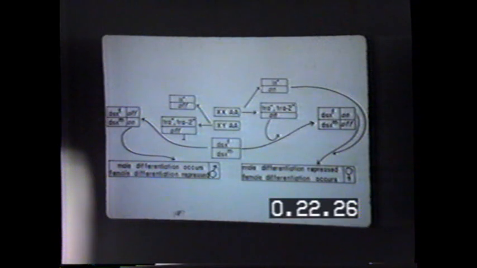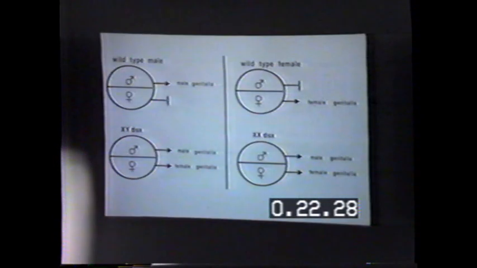And one of the ways one can see that most dramatically is to look in the derivatives of the genital disc in the fly, which give rise to the external genitalia and the internal ducts. Because in each fly in wild type, there are two primordia, similar to the situation in mammals. It's a set of primordial male and female cells.